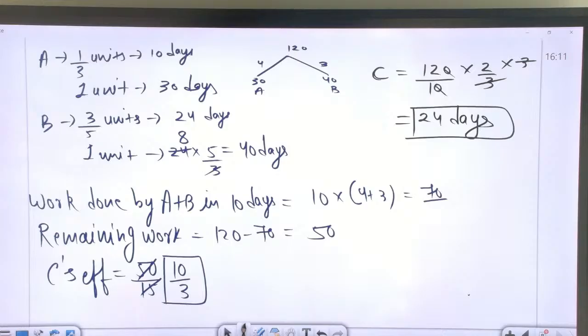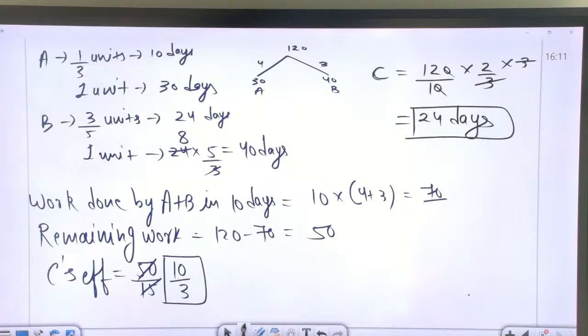Write the next question, please. Is this understood by you? Okay. Next question. I'm giving you the same model and I'm expecting the answer. Please. A can do 2 by 5th of a work in 6 days.